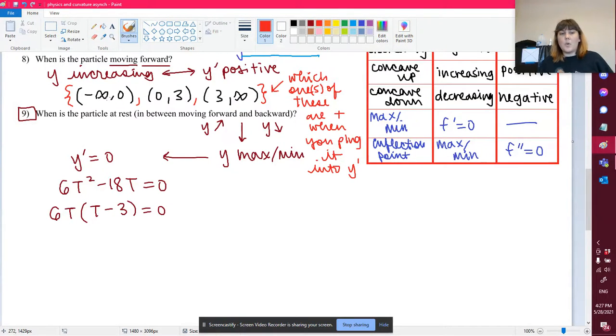So basically we want to know which of these 3 intervals return a positive number when you plug something in the interval into y prime.